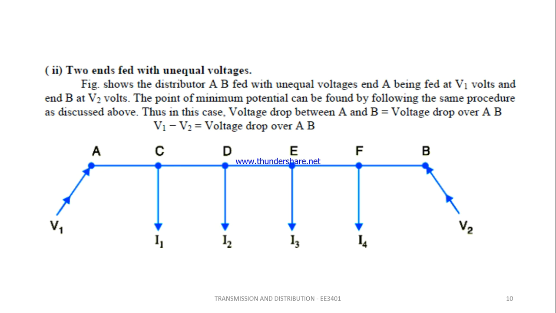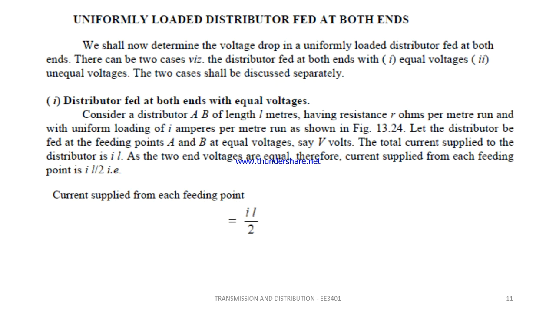This is the case when the voltages are the same. If the voltages are different, the voltage drop over AB will be equal to V1 minus V2, the difference, not the sum.